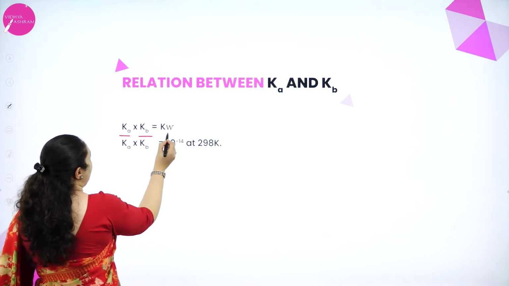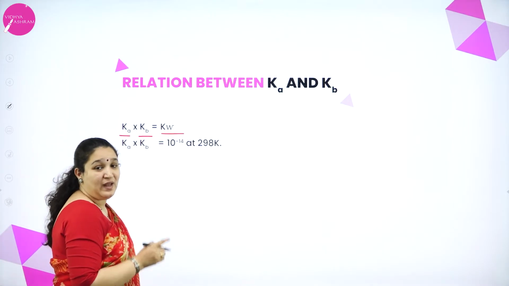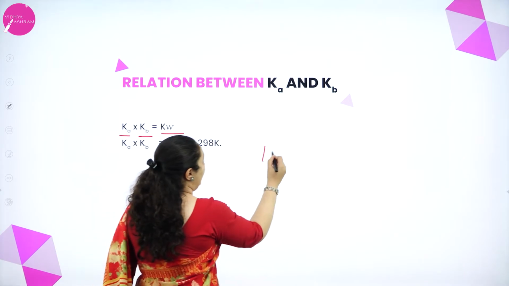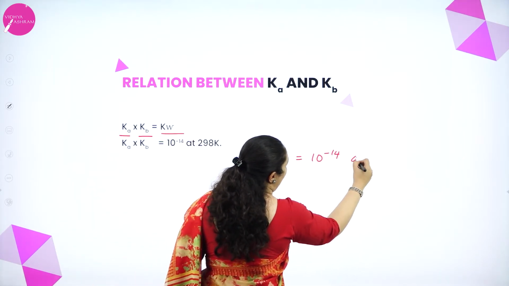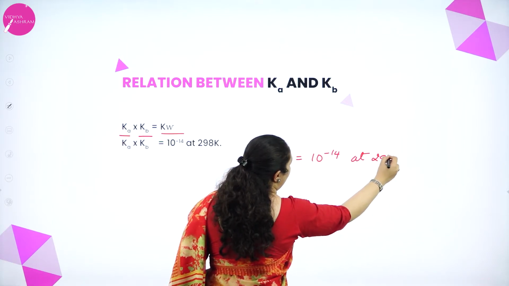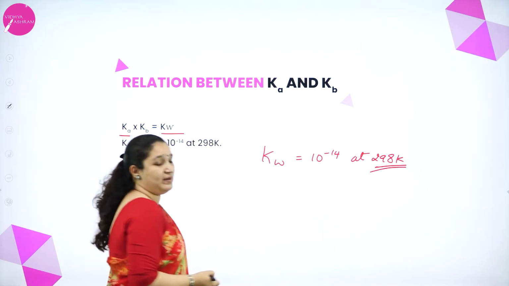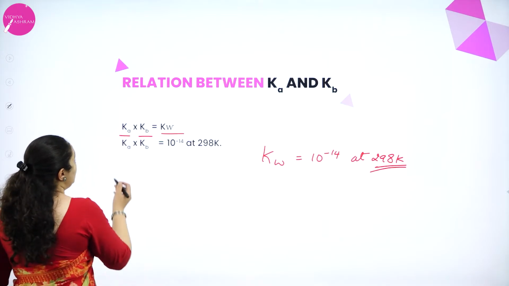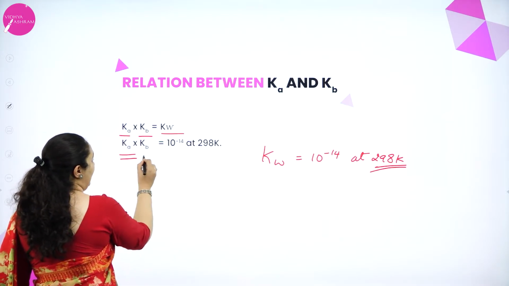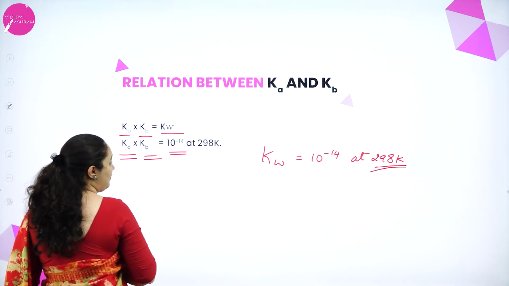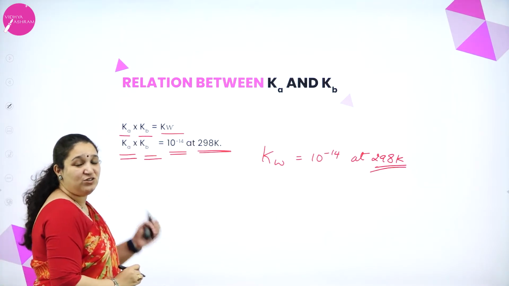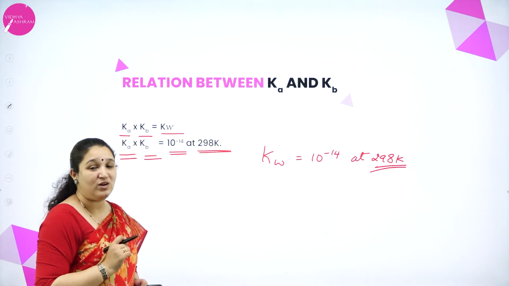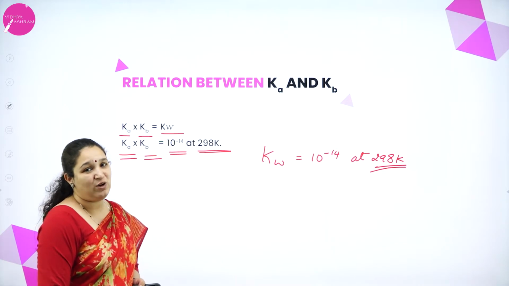Ka into Kb is equal to Kw, and we know that Kw is equal to 10 to the power minus 14 at 298 Kelvin, that is at room temperature, standard temperature. So we can also write it as Ka into Kb is equal to 10 to the power minus 14 at 298 Kelvin. The derivation for this relationship is not in your syllabus, thus I will not be doing it.